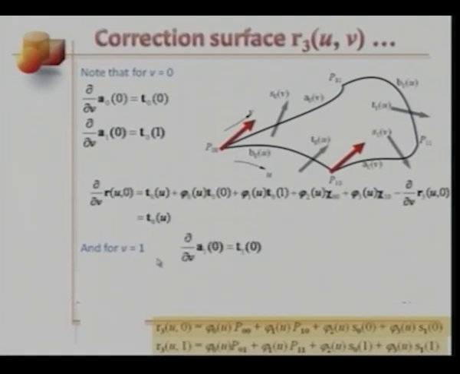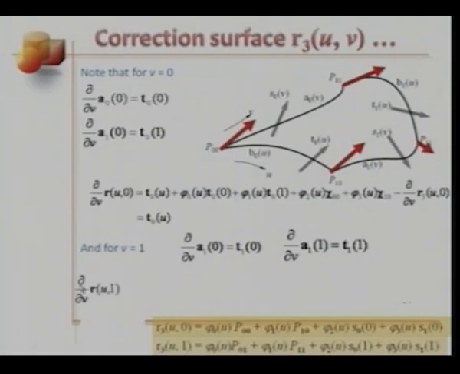For v equals 1, partial of a1 with respect to v for v equals 0 is equal to t1 of 0, and partial of a1 with respect to v for v equals 1 is t1 evaluated at 1. These two vectors are given by these red arrows, t1 at u equals 0 and t1 at u equals 1.